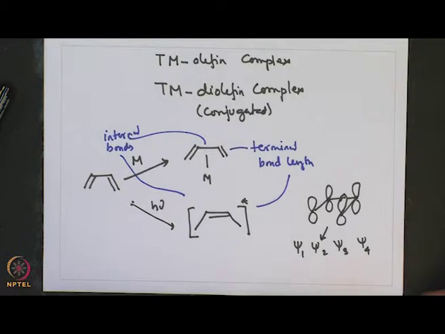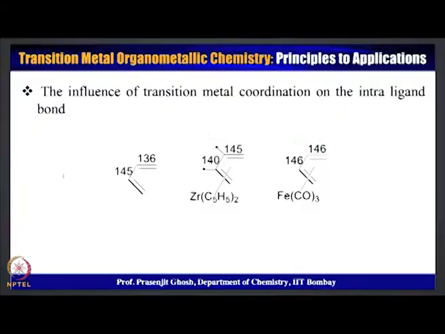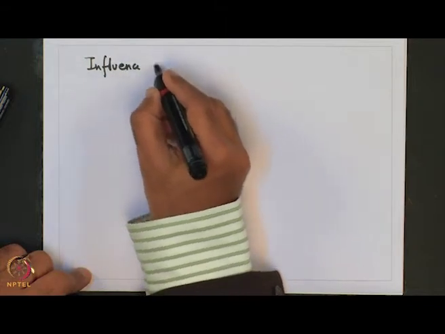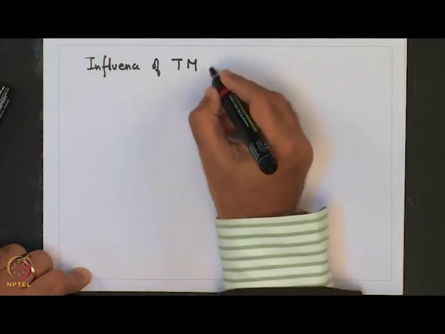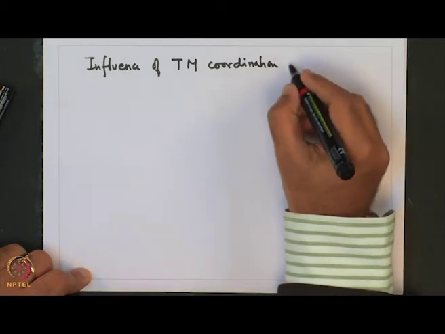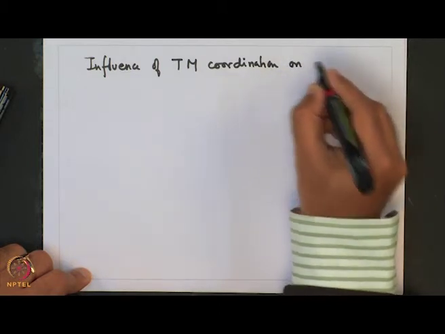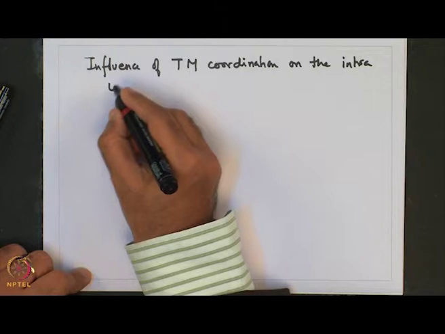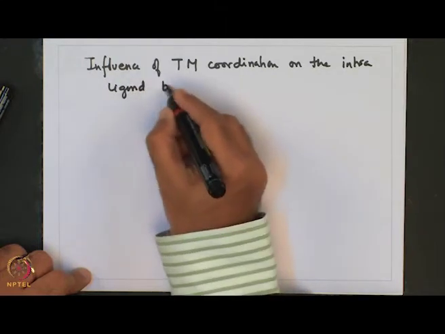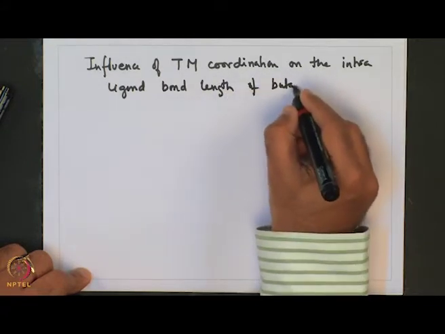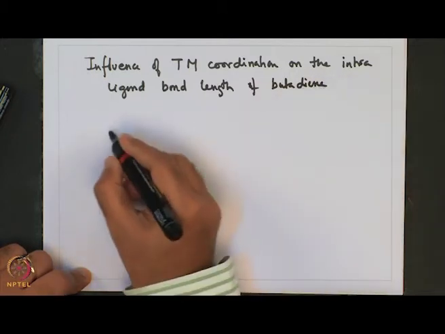Now, with that in mind, let us take a look at some examples where similar change can be observed. For example, the influence of transition metal coordination on the intra-ligand bond length of butadiene can be seen.